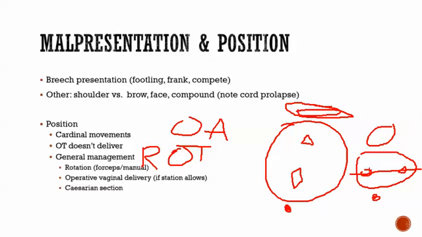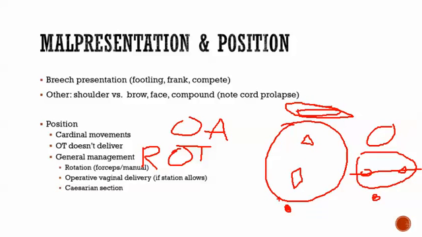But you start out transverse, and then you flip into typically occiput anterior, because babies aren't delivered occiput transverse. They're either delivered occiput anterior, which is the normal, most common, or occasionally occiput posterior.